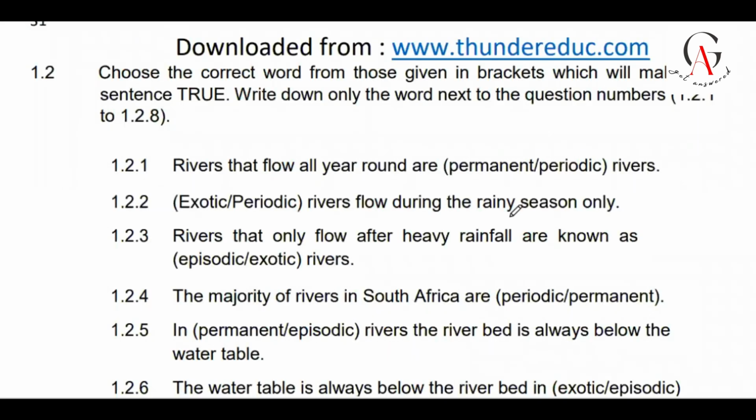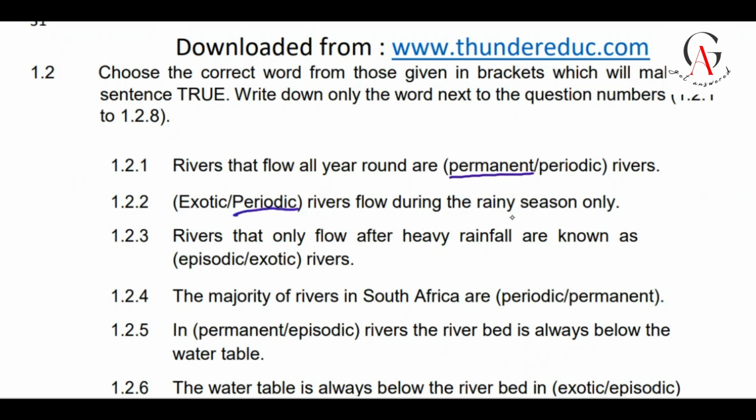So 1.2.1, they say rivers that flow all year round, all year meaning all the time, are going to be referred to as permanent rivers, because permanent means it is always going to be there. Then exotic rivers, periodic rivers flow during the rainy season, which means this would be the periodic rivers.